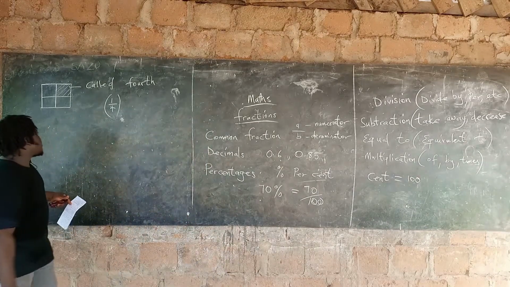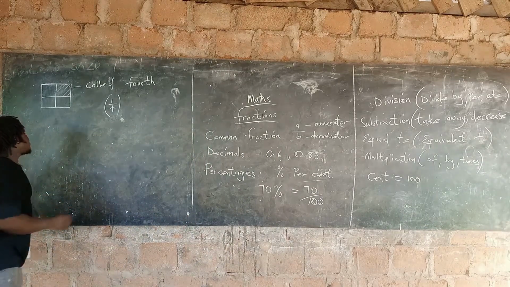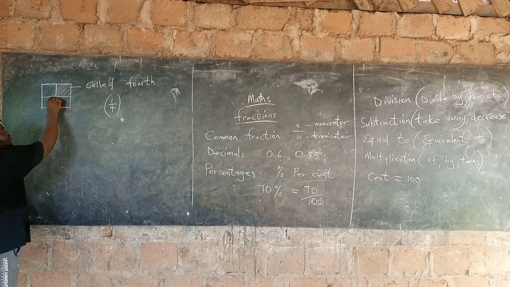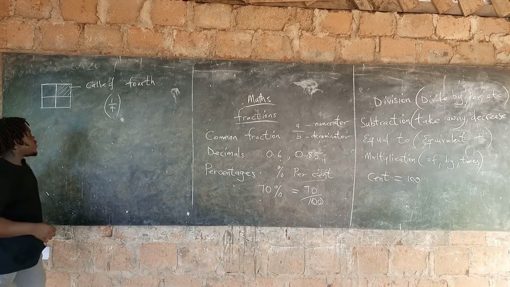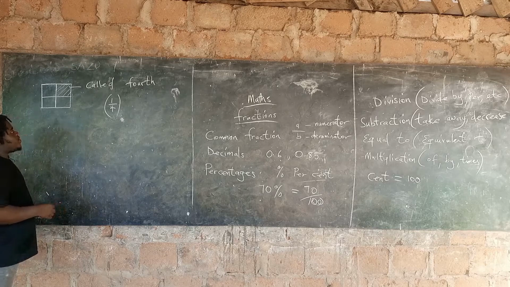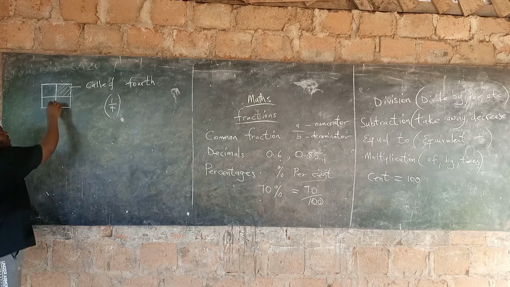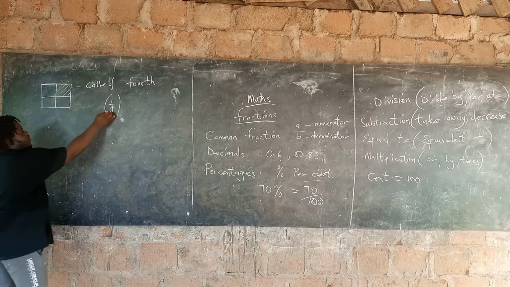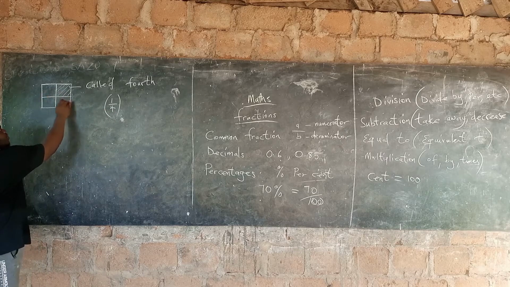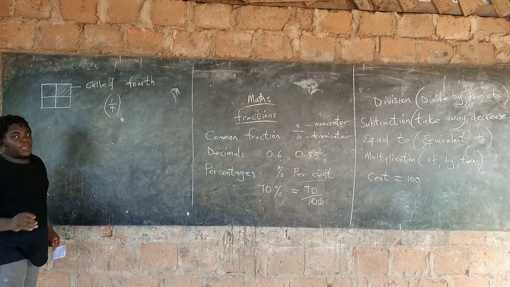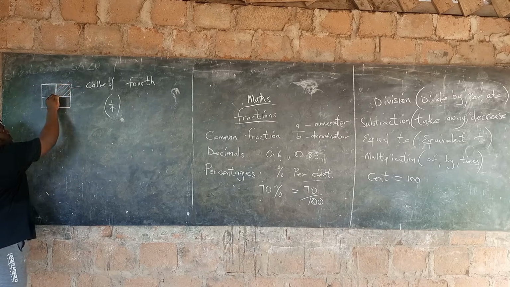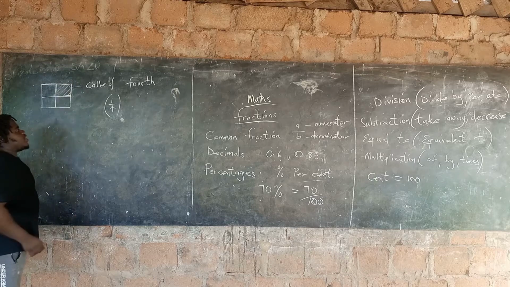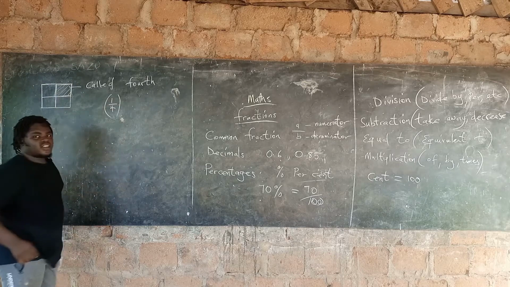So for instance, here is our biscuit, and we've divided it into 4 parts. So this is the denominator, 4. So the number of parts that we've divided into is 4. And we are dealing with one part, which is this part. And that is the numerator.